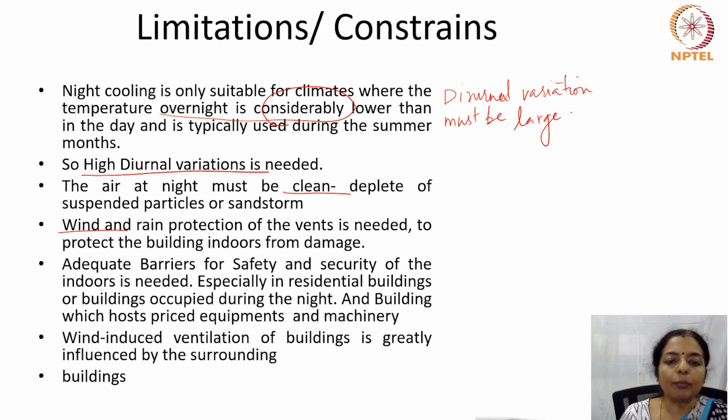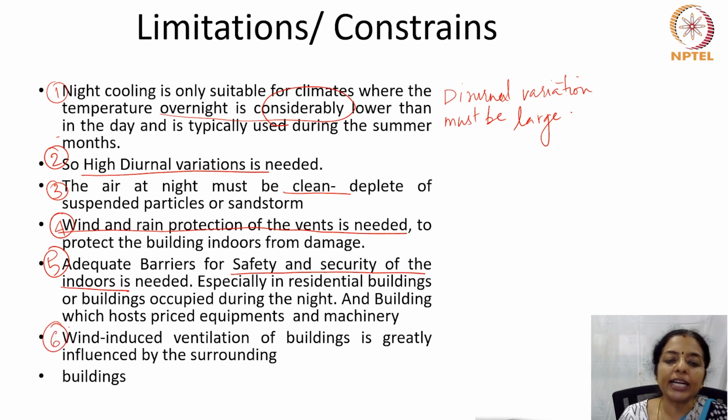Wind and rain protection of the vents is needed to protect the building indoors from any damage. Then fifth, adequate barriers are needed for safety and security of the indoors, especially in residential buildings or buildings occupied during the night, and buildings which host prized equipment and machinery.